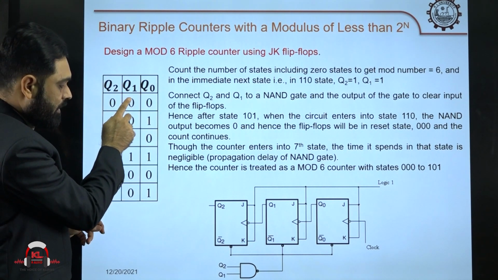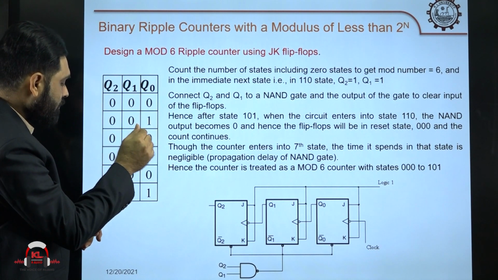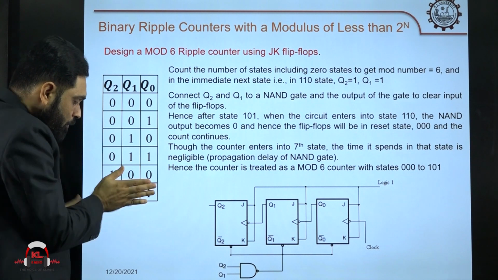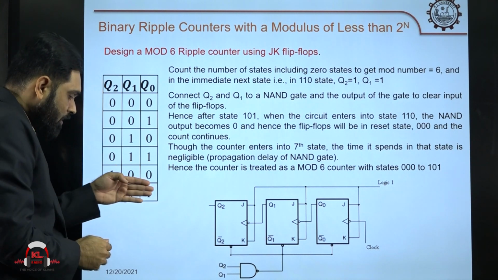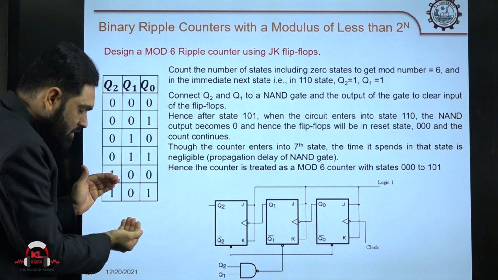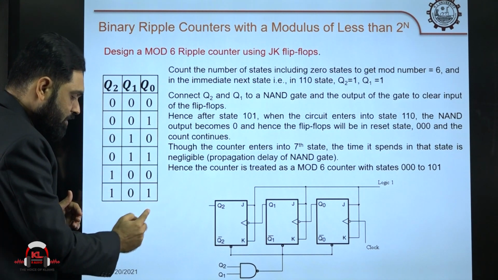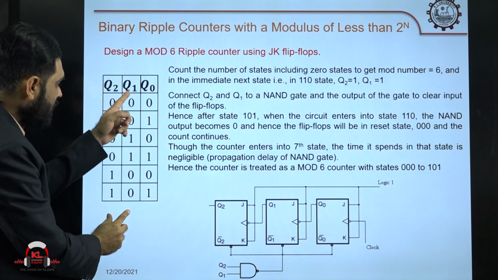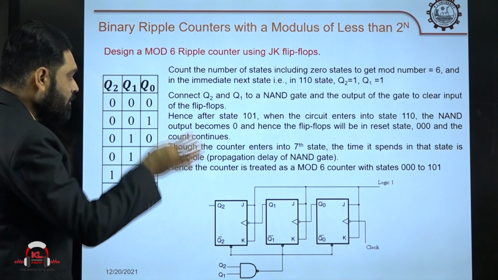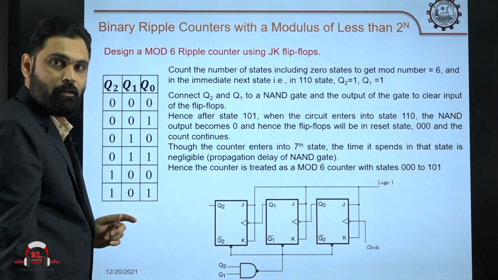But what is your next value? The next value is 110. That means the Q2 value and the Q1 value become 1. Whenever 110 arrives, you want to clear the counter.